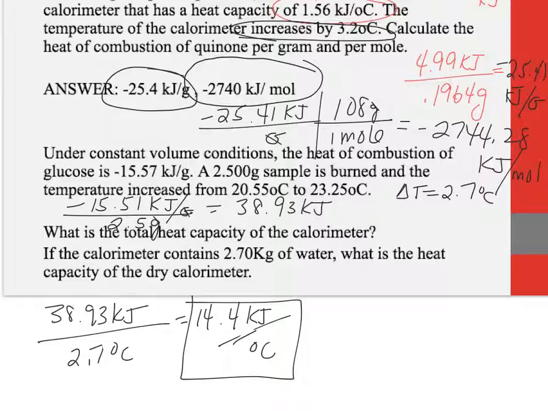But now they want to know what's the heat capacity of the dry. So the total heat capacity is equal to dry plus wet. So we need to figure out the heat capacity of the water.